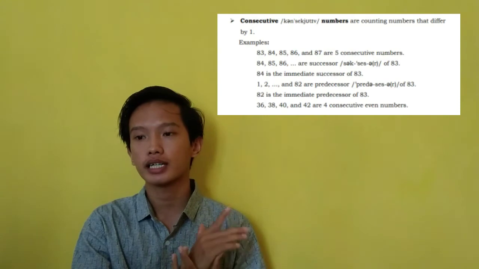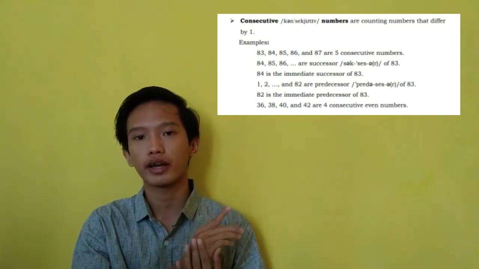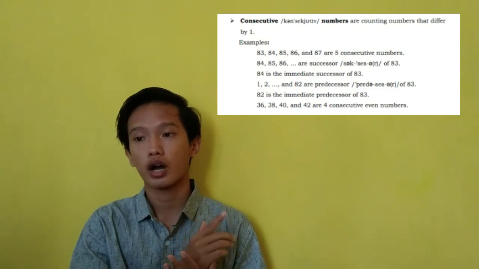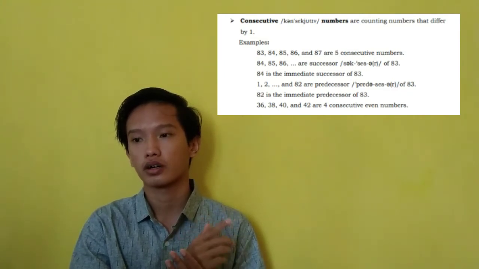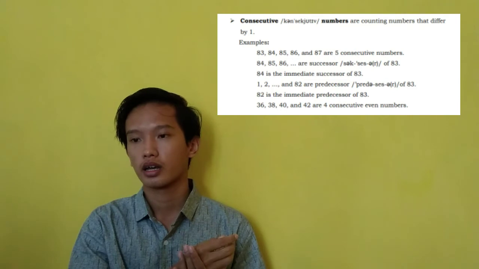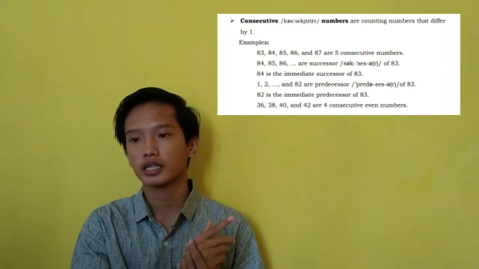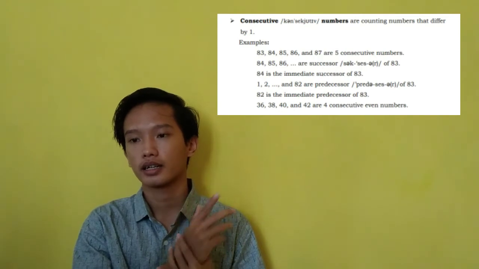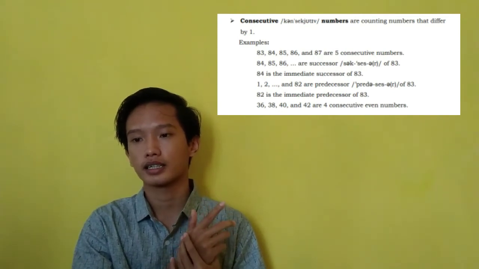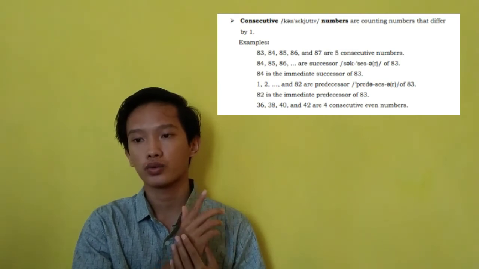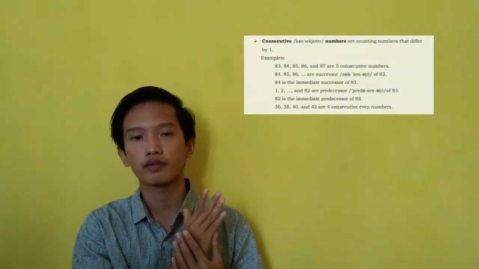Then 84 is the immediate successor of 83. 1, 2, 82 are predecessors of 83. 82 is the immediate predecessor of 83, and then 36, 38, 40, and 42 are 4 consecutive even numbers.